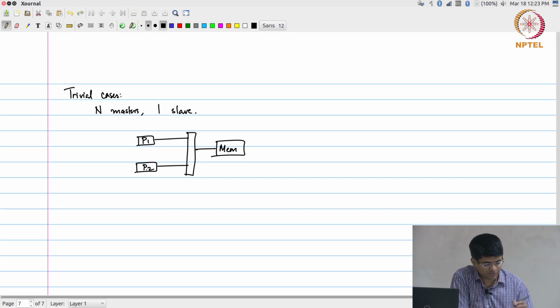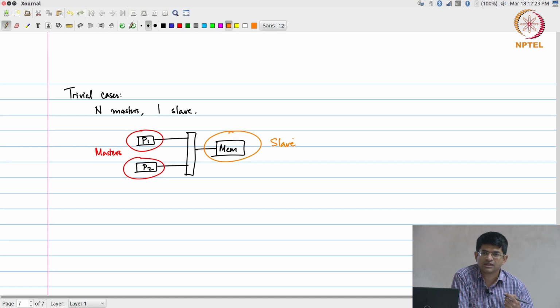Okay. So, both of these would be masters, whereas this one would be a slave. Think about it, the memory by itself is never going to try and transfer data somewhere, right. The whole idea of a memory is it is a storage space.